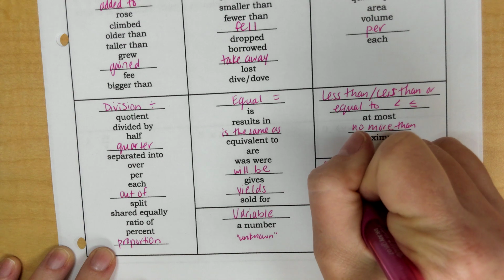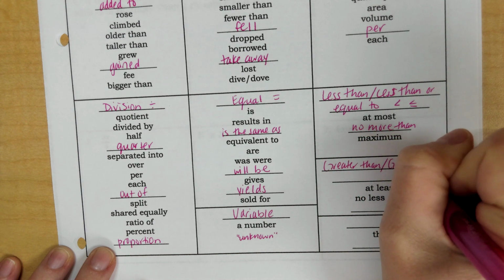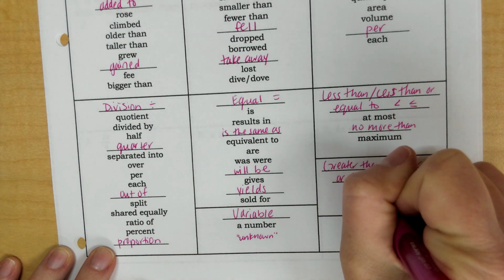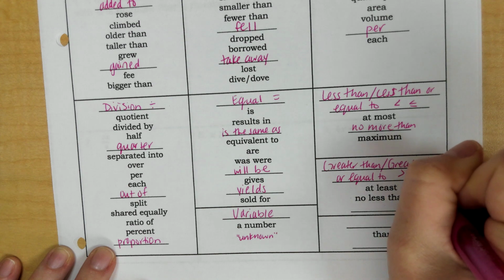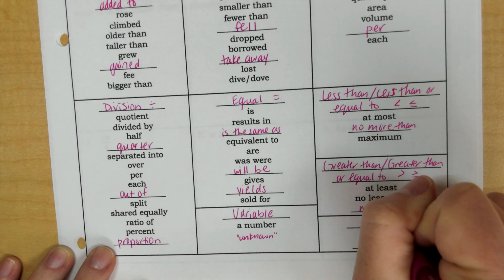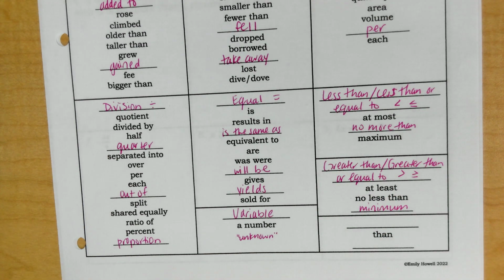Okay, opposite of that would be greater than, and greater than or equal to. So these symbols. At least, no less than, and a minimum. Okay, all of those words are going to generally mean to use those symbols.